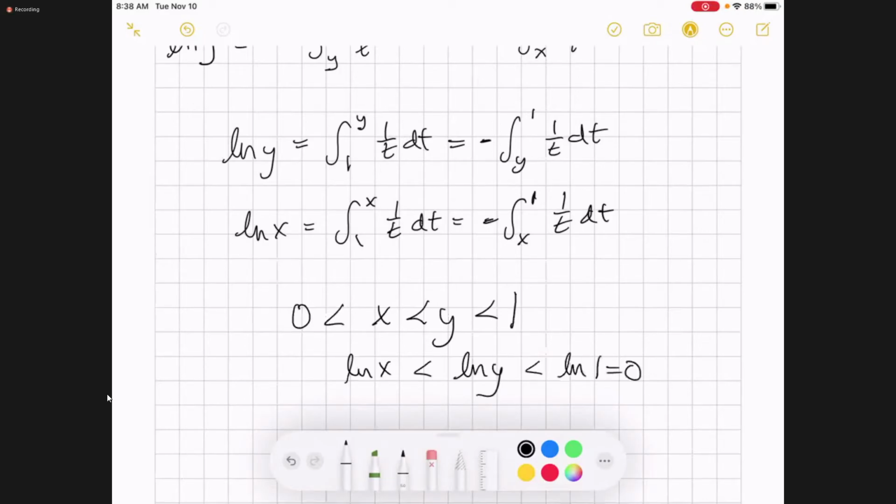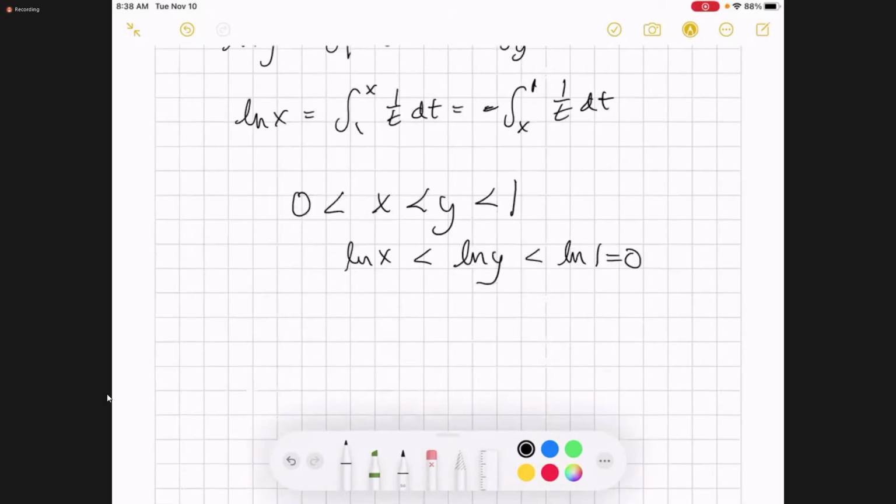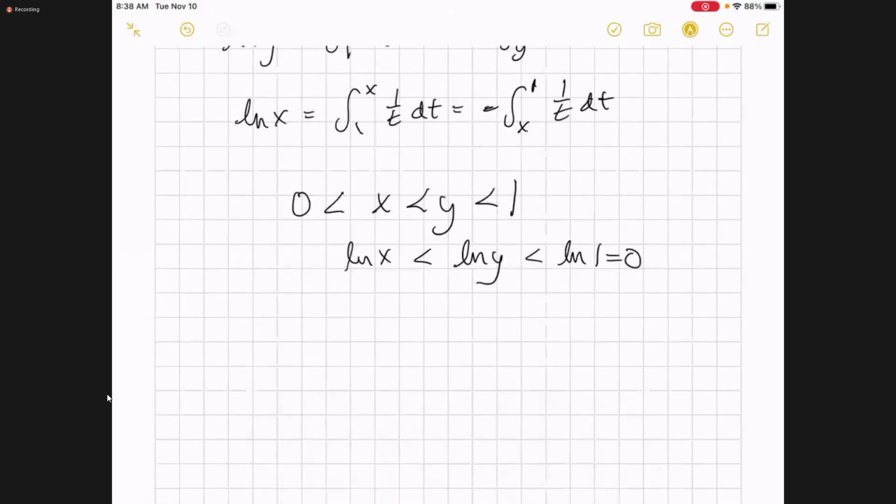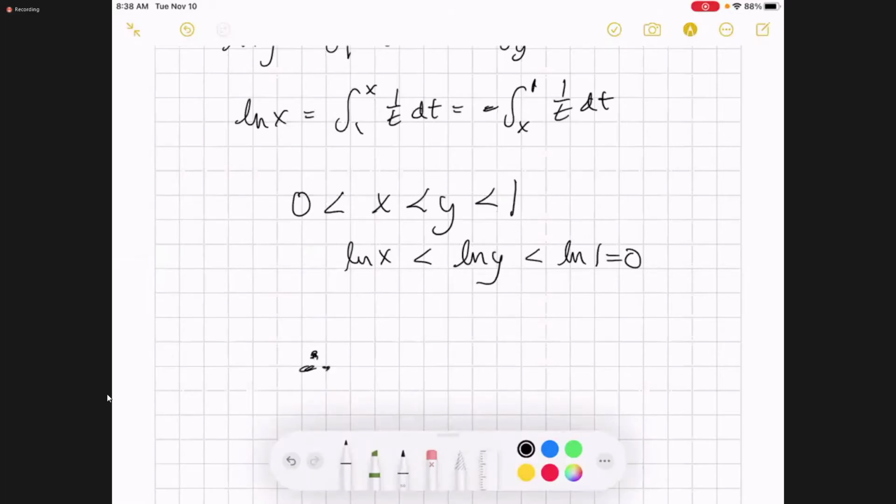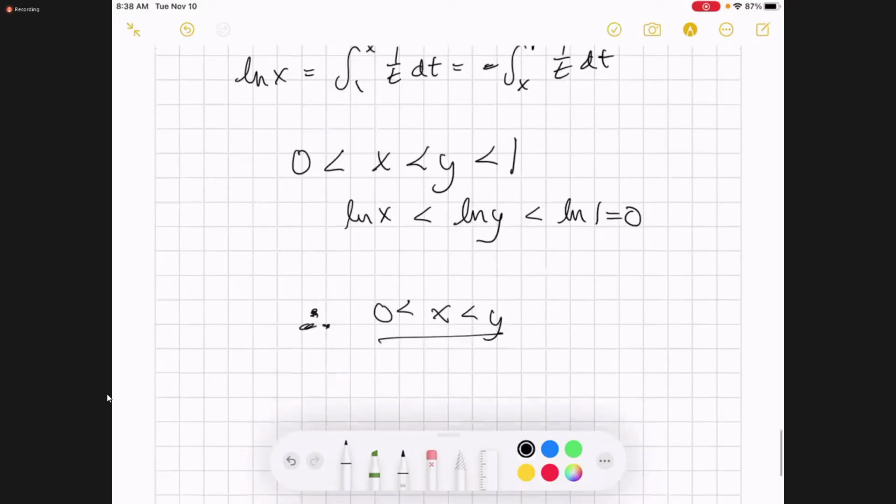And that means that for any x and y, if x is less than y and both are greater than 0, period. We looked at x and y bigger than 1 up above. We've shown that ln of x is less than ln of y.